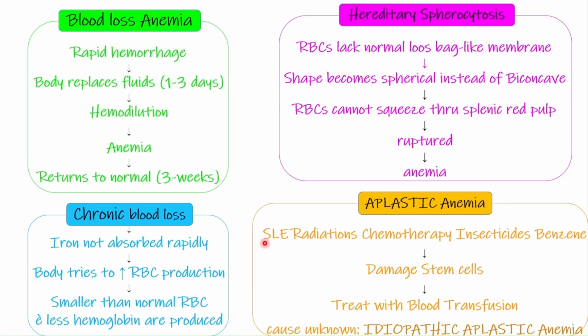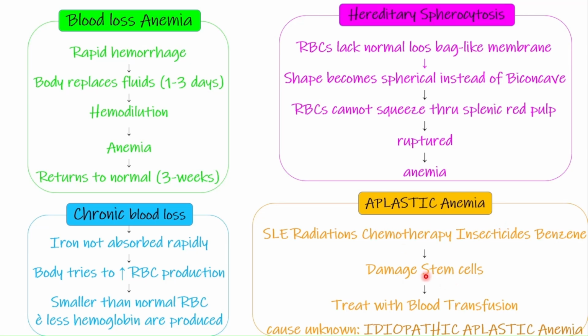Conditions like SLE, systemic lupus erythematosus, or radiation, or chemotherapy in the case of different cancers can result in aplasia. Even the insecticides used to kill insects in farming, and substances like benzene, can cause damage to stem cells. So SLE, radiation, chemotherapy, insecticides, and benzene can damage stem cells, leading to aplastic anemia.